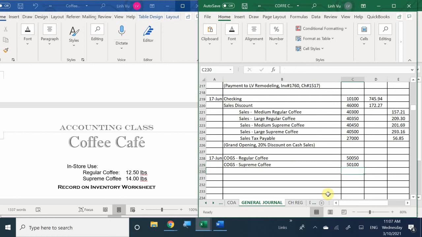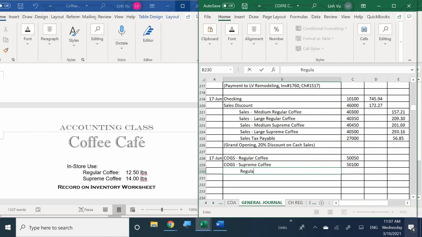Good. Because we're taking it directly out of my inventory, what are my two inventory items that I have? Regular and Supreme coffee. Absolutely correct.